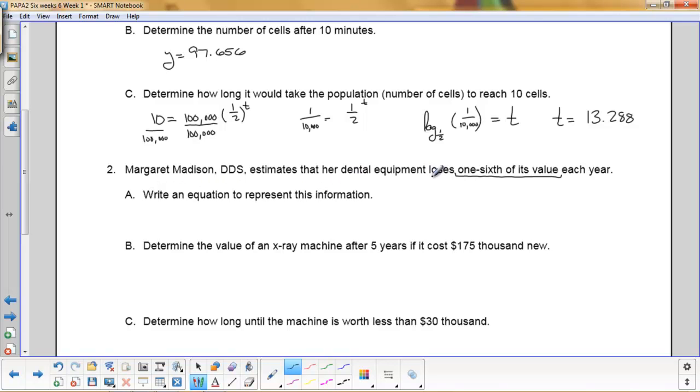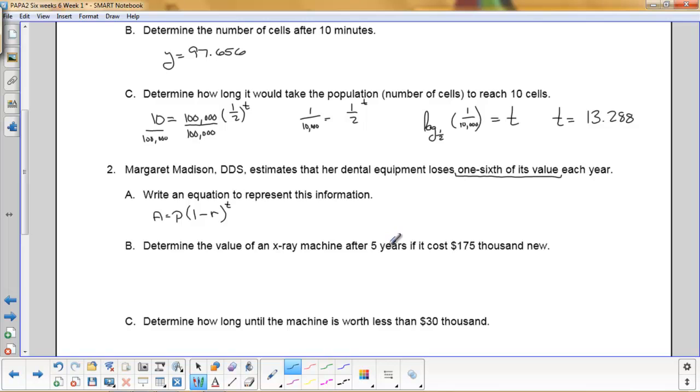Well, we're actually using a depreciation equation here, so what we're going to say is that the total amount, or the final amount, of her equipment is based on whatever the amount was initially, times 1 minus its rate of depreciation raised to the number of years that it is in fact being used.